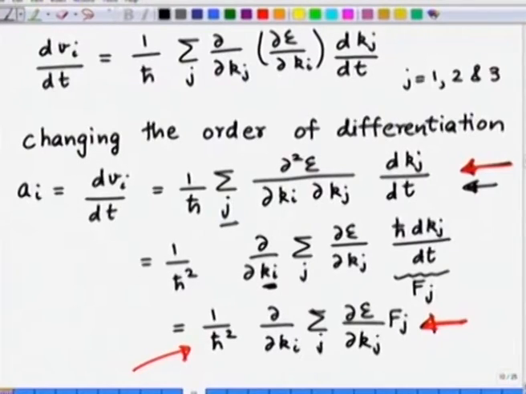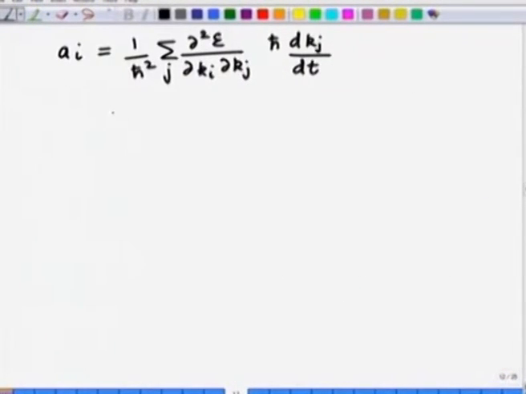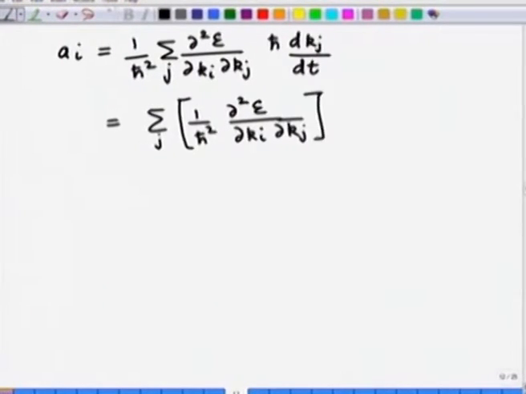So I can write this as summation over j of 1 over h bar square del square E del ki del kj, this whole thing, times fj. If so, let me define a quantity called Mij.